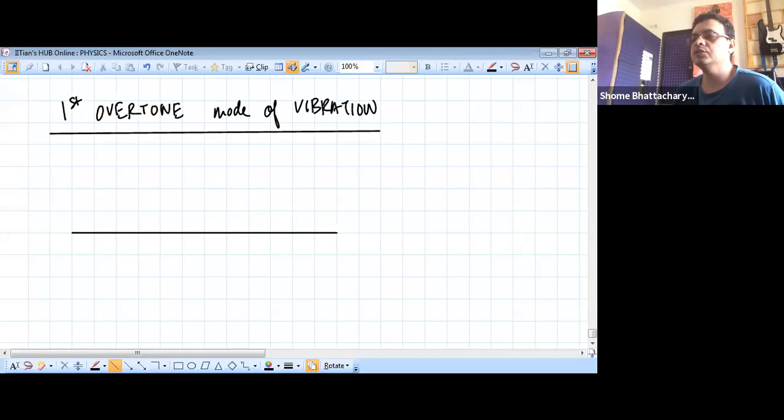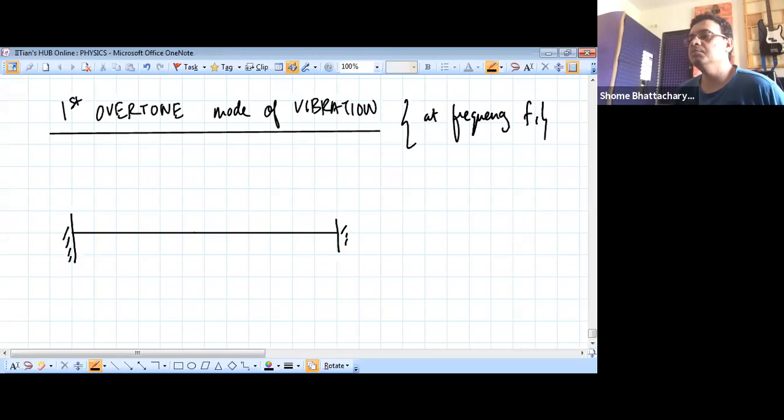And the frequency of this first overtone is denoted by the symbol F1, whereas the fundamental was F0.